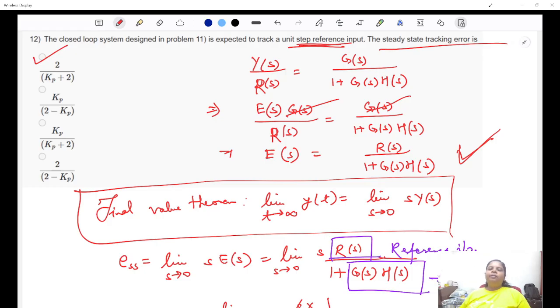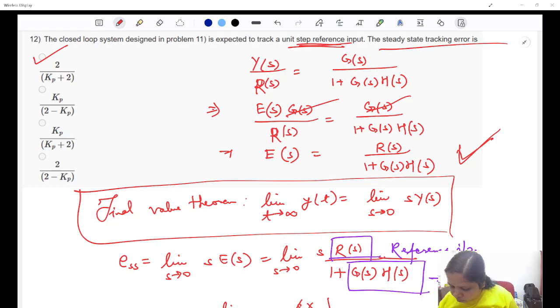And then when we wanted to find the steady state error, instead of doing it in time domain, we wanted to do it in frequency domain. If you want to do it in frequency domain, then we have to use the final value theorem, and it has to be limit s tends to 0 sE(s). E(s) we already know is R(s) upon 1 plus G(s)H(s). That is what we have applied here. No confusion?